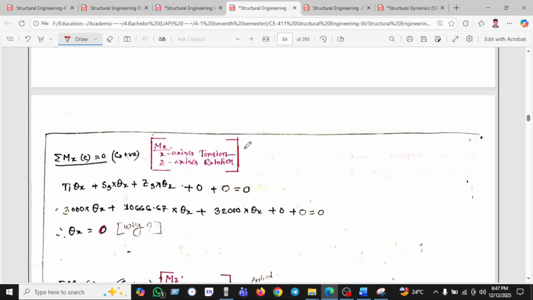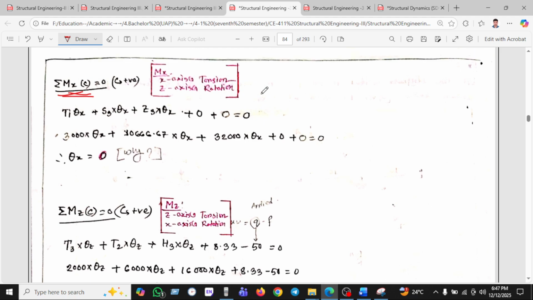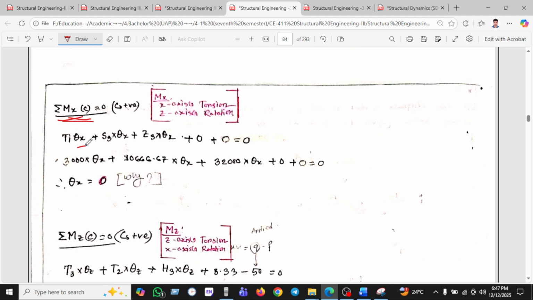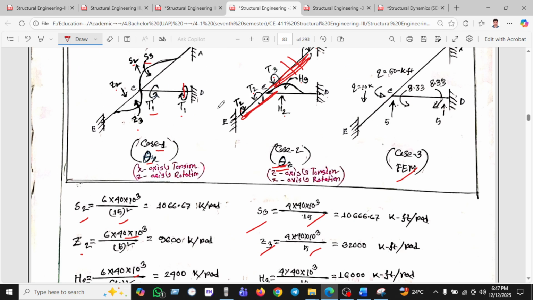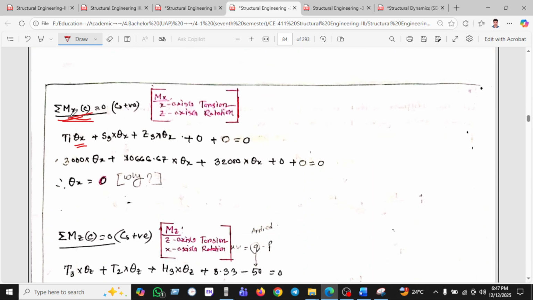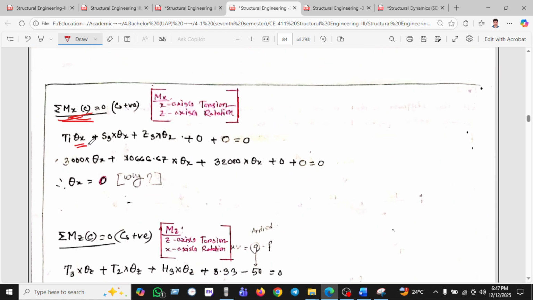So after putting these values, what does Mx mean? The x axis will be torsion and the z axis will be rotation. You must keep this in mind, otherwise you will fail. So in the first diagram we are taking Mx, that means the x axis will be torsion, that's why we take T1.